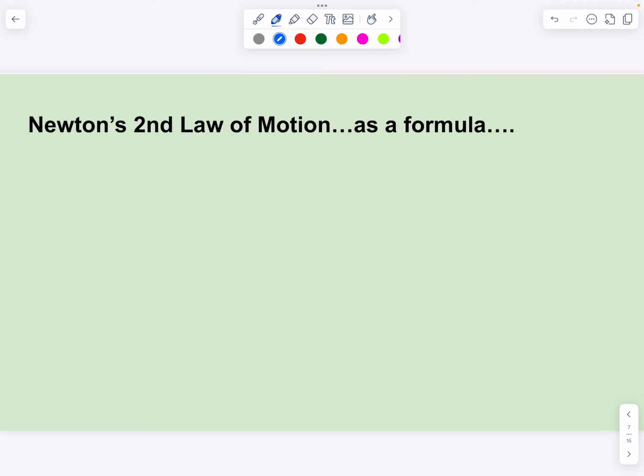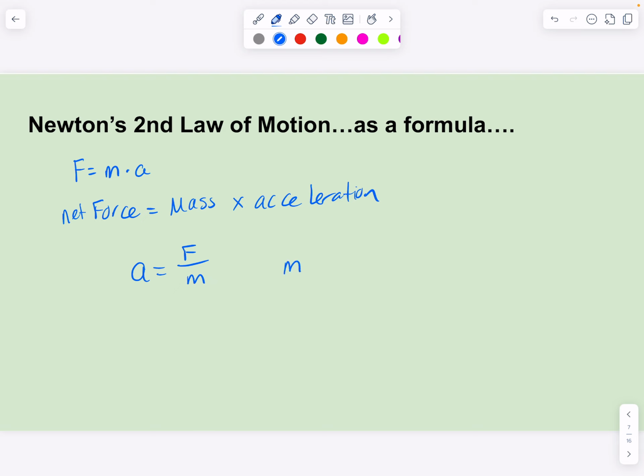Newton's second law, as a formula, is often written as F equals m times a, or net force equals mass times acceleration. It can also be written as acceleration equals the force divided by the mass, and mass equals the force divided by the acceleration.